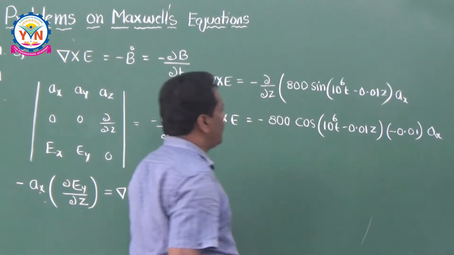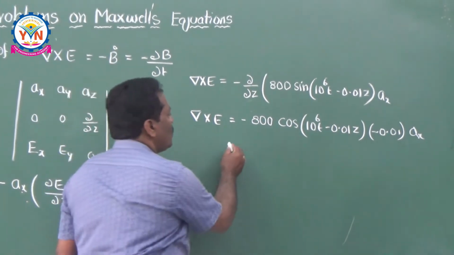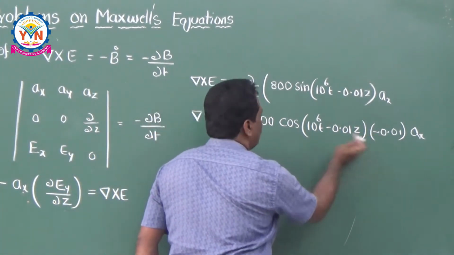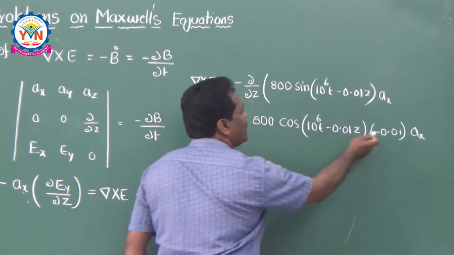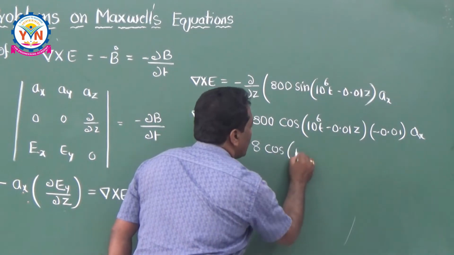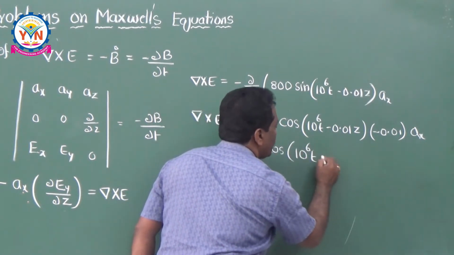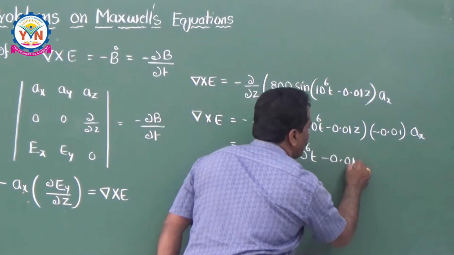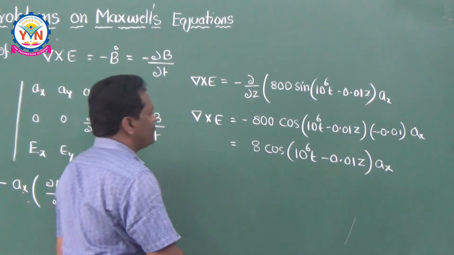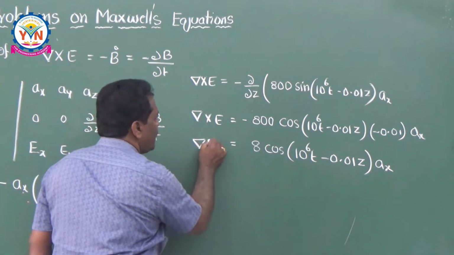This is 800 times 1 by 100, that is why it will become 8. Minus of minus is plus. So I can say 8 cos(10^6 t minus 0.01 z) AX, in X direction. This del cross E is nothing but in X direction.